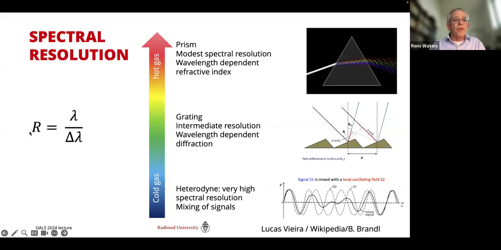So the resolving power is defined by the ratio of the wavelength over the wavelength resolution that we have, so the two wavelength units that we can still separate in the spectrograph from each other. There are, of course, many different instruments with many different solutions to get to a spectrum.